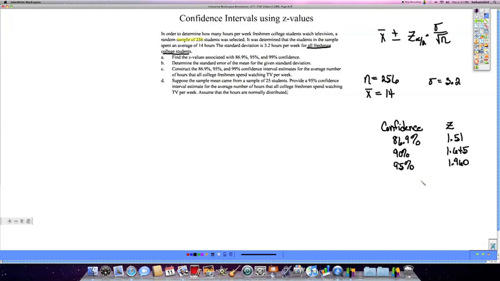And for a 99%, 2.576. So we have our answers for A. For A, the 86.9% is 1.51.